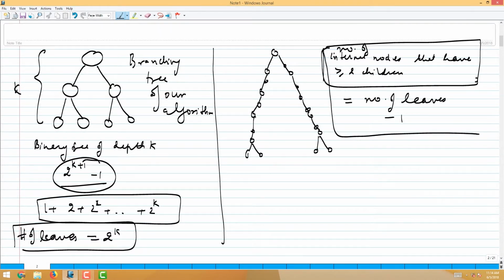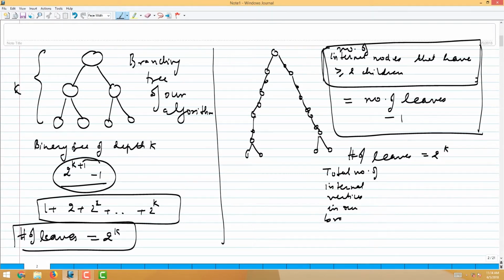Basically now if I tell you that the number of leaves in the tree is 2^k, and we know our branching tree is a complete binary tree, so every internal vertex will have at least 2 children, right? So the total number of internal vertices in our branching tree will be 2^k minus 1.